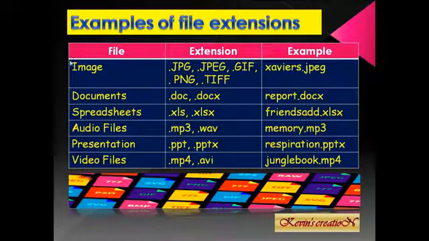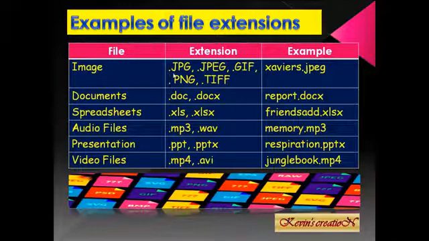So whenever we save the files, these are of these types. It could be image file, document file, spreadsheet which we prepare in MS Excel, audio files, the music or the audio which we listen to, any presentation, the PowerPoint presentation which we save, or video files.